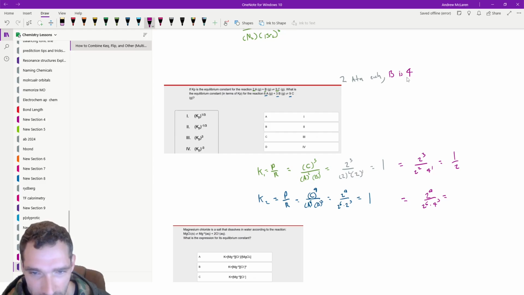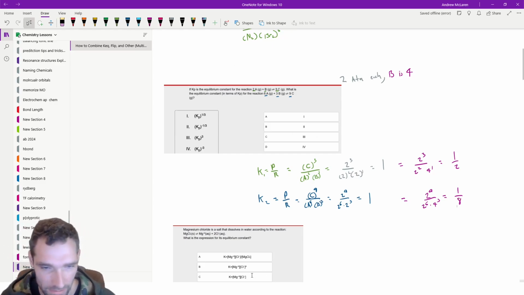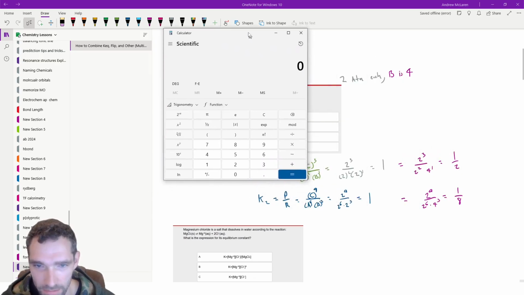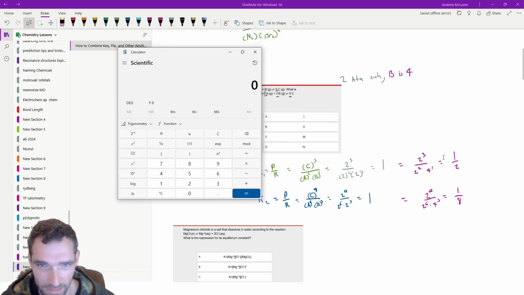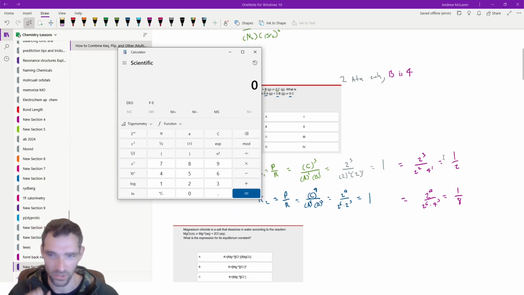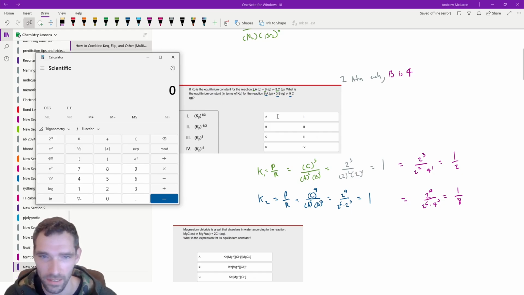It's going to be 1 over, I believe, 8. So we can go ahead and get that in the calculator just to prove that. But if you can kind of see, whatever number you're putting in here is going to be affected by the coefficients in a way where it's like, okay, just take the K expression and put it up to that exponent that you multiply these base coefficients by.